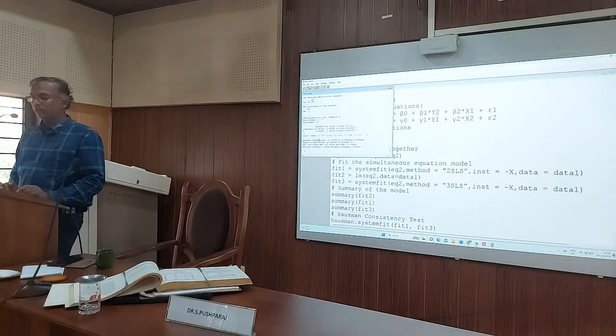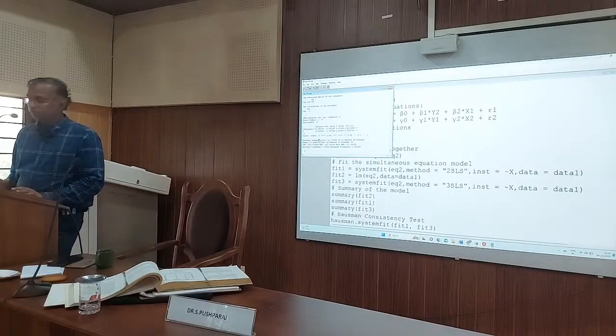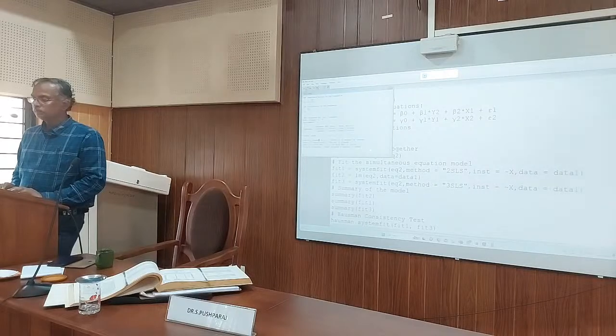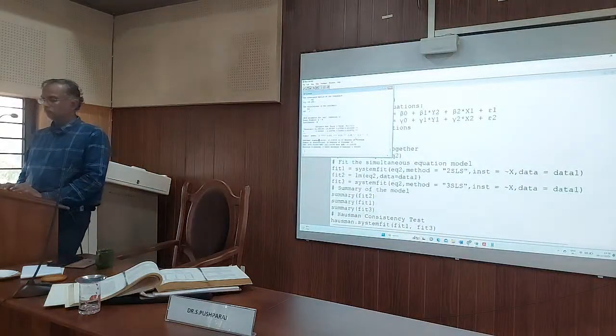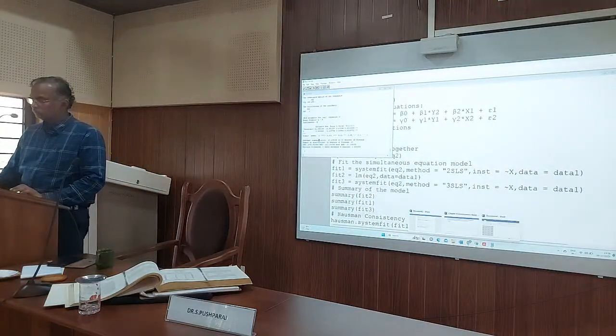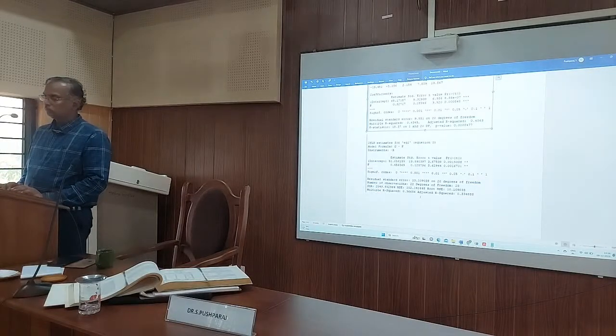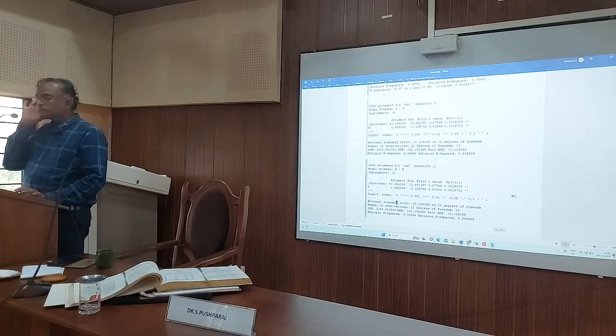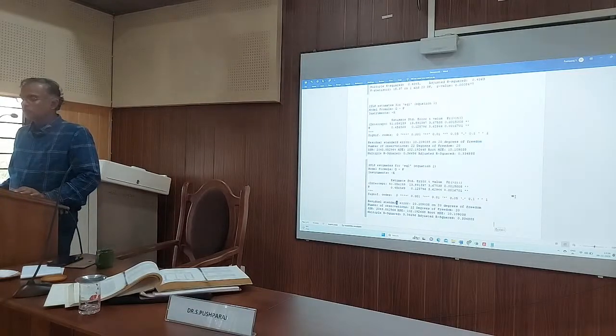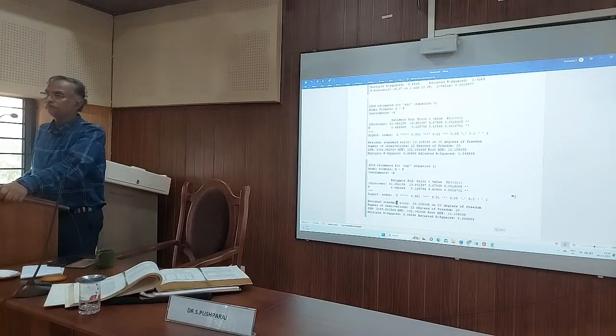Actually, we can take it and then we can compare. Looks very similar to 3SLS.